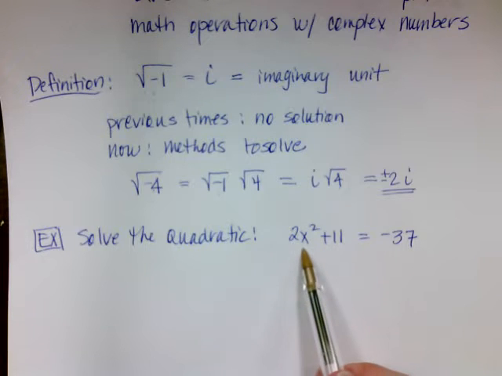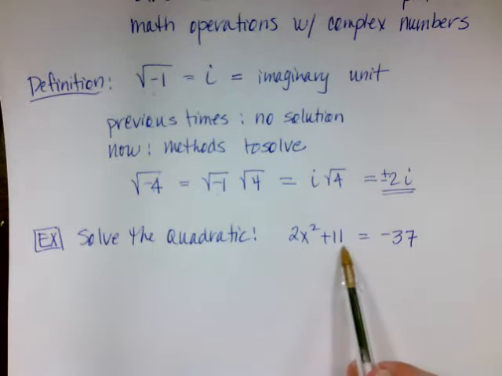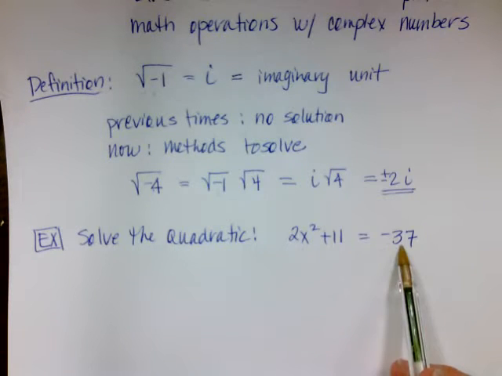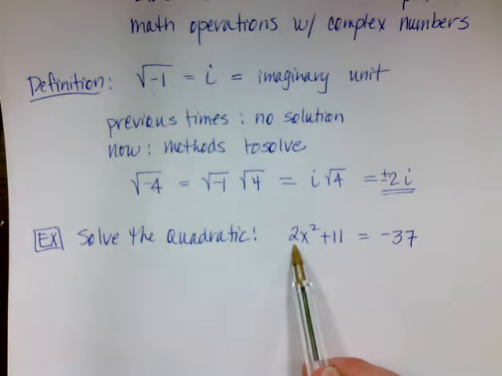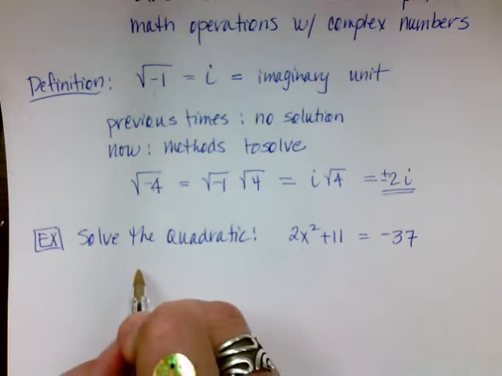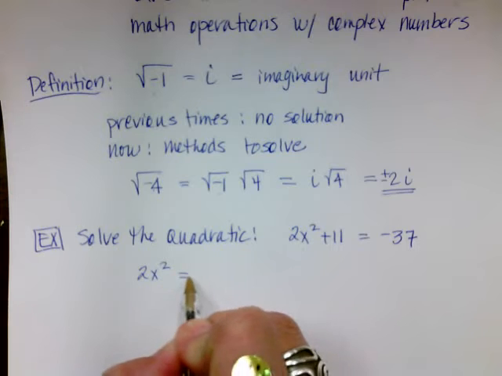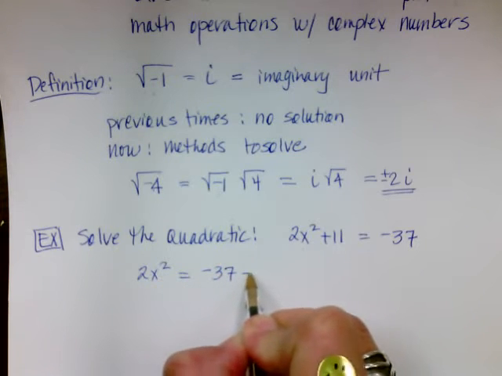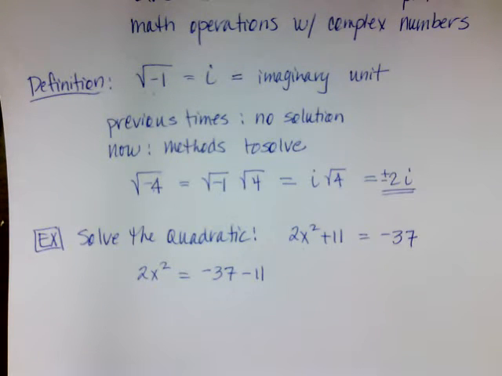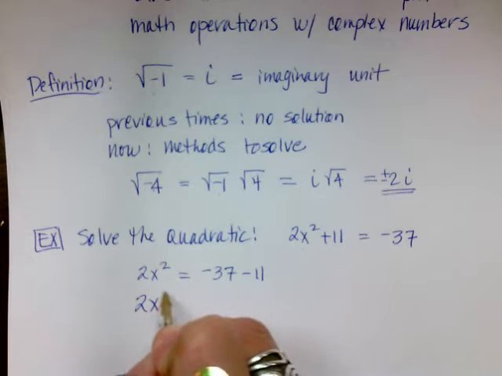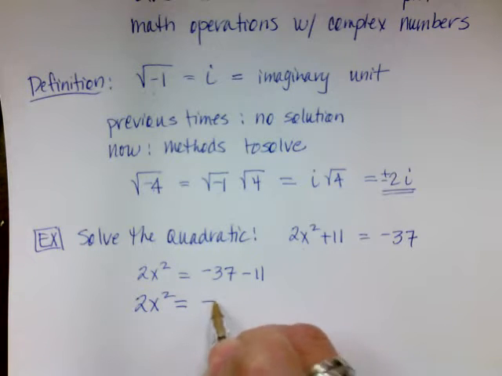If you'll notice in the example, I have a squared term, but I don't have any other variables. So what I'm going to do is put the numbers on this side, and then I'm going to manage my x squared on this side. So I'm going to have 2x squared is equal to -37 minus 11. So then I'm going to have 2x squared is equal to -48.